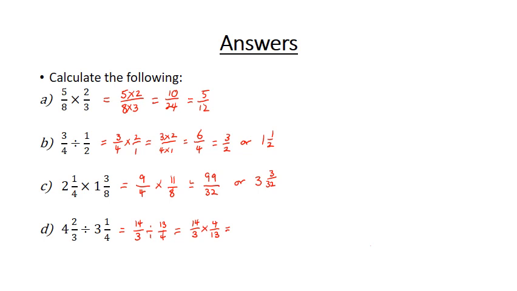That's going to give me 56 over 39, or it's going to give me 1, and just work out the remainder, 17. Let's make sure that's neat. 17 over 39.